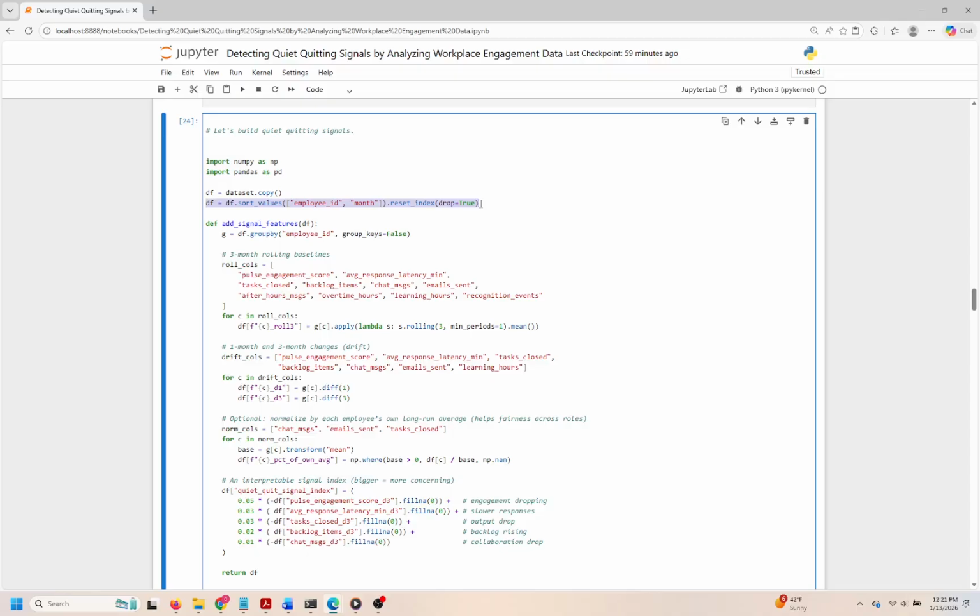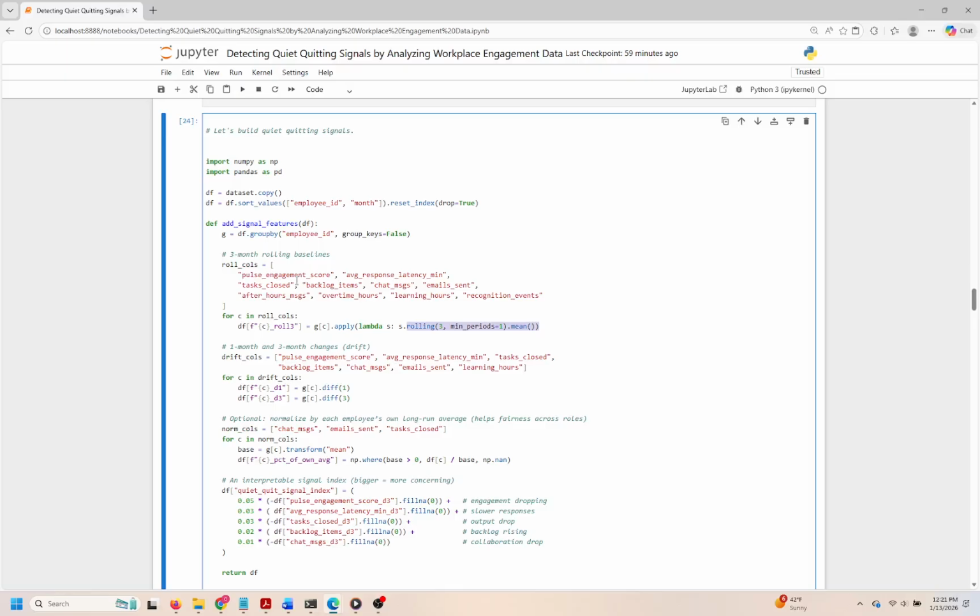The core of our logic involves creating new features that capture both rolling averages and changes in various engagement metrics. By doing this, we can better understand trends rather than relying solely on raw data, which may not reflect deeper shifts in behavior. Next, we calculate 3-month rolling averages for several important indicators, such as engagement scores and the number of tasks closed.